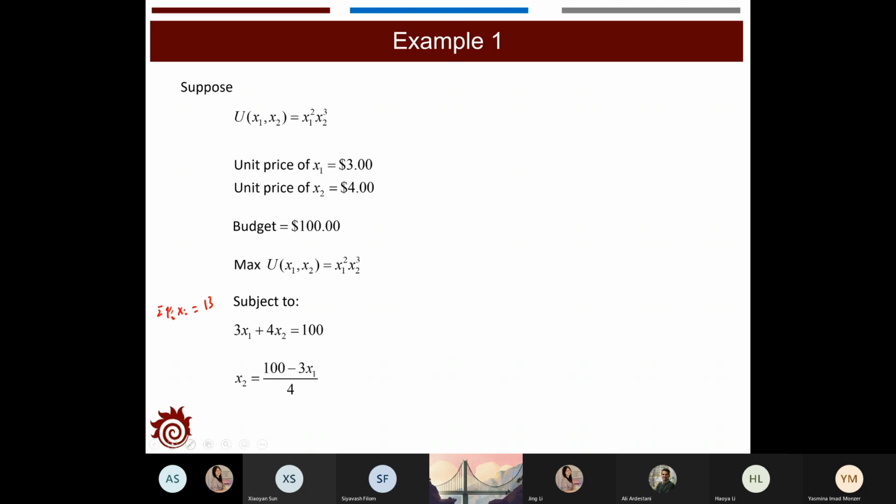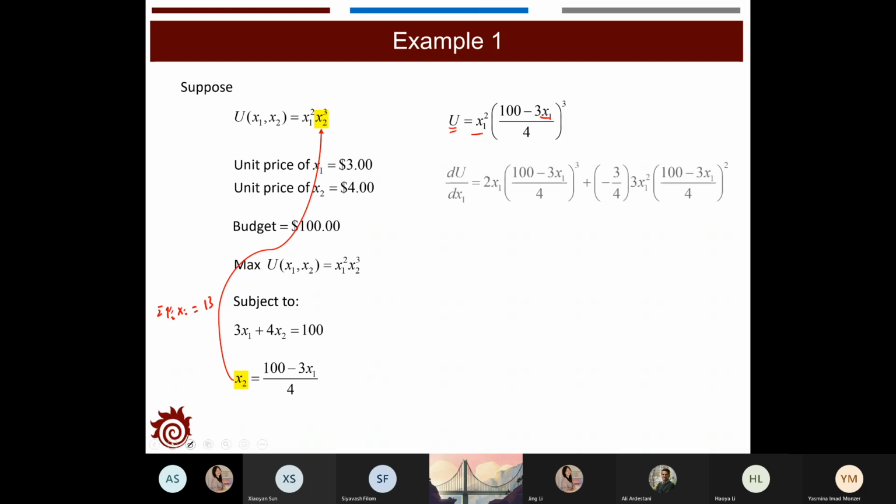And now you can simply get the value of x2. It's (100 minus 3x1) divided by 4. So this is the relationship between x1 and x2 that shows the budget constraint. And you can put this in the utility function. Now the utility function is only a function of x1, and you want to maximize it.